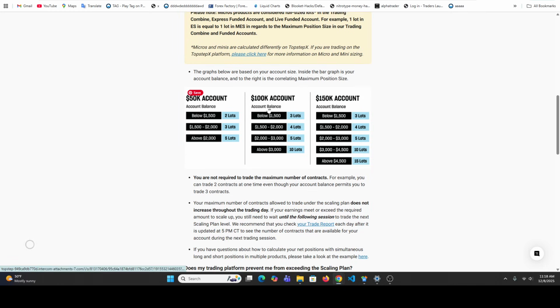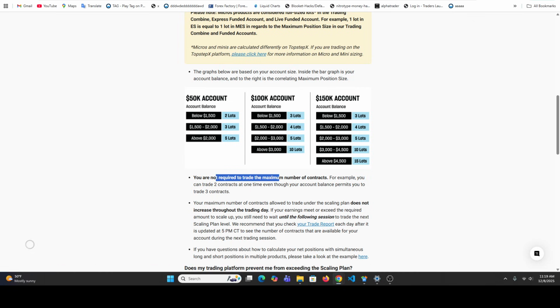As far as the scaling plans go, you can easily see with a 50K account, you are eligible for 2 contracts, 3 contracts, and 5 contracts, anything above $2,000 in your account balance. One thing I do want to point out here that some people have asked me is that once you get to these numbers, are you required to trade all of those contracts?